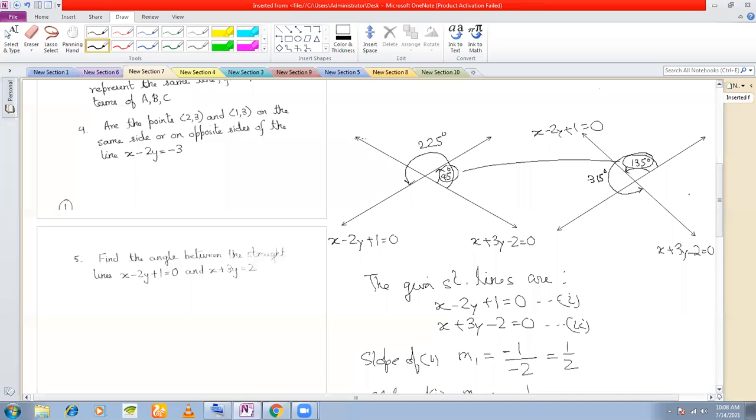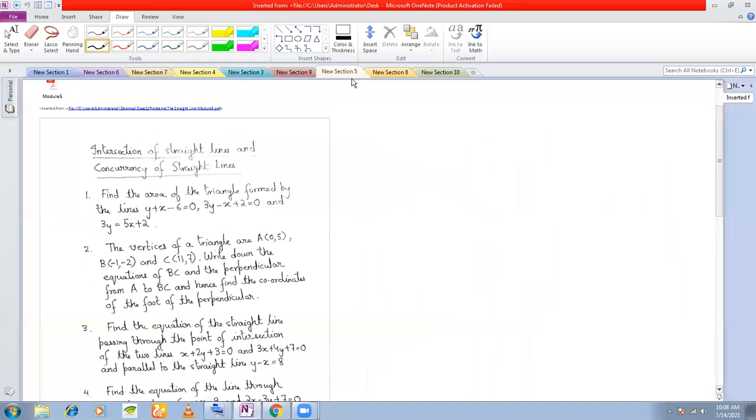No, sir. Fine. We move on to the next section then, which is on concurrency, intersection of straight lines and concurrency of straight lines. Okay. Now what you need to know here is only the definition of concurrency. So what do you mean by concurrent straight lines?